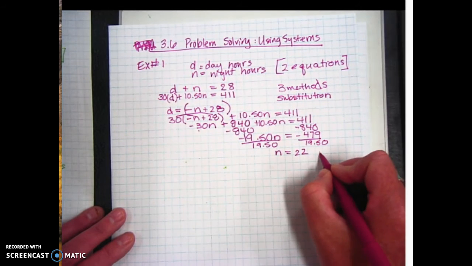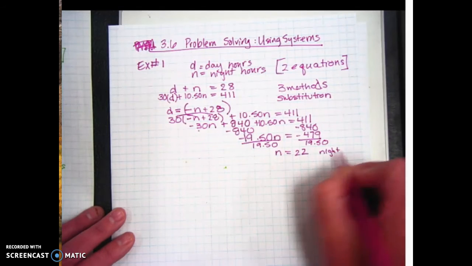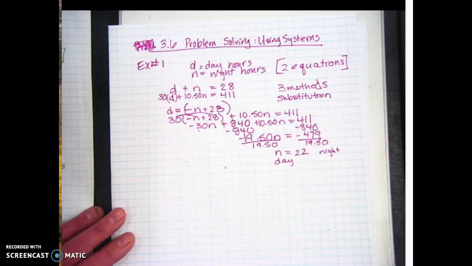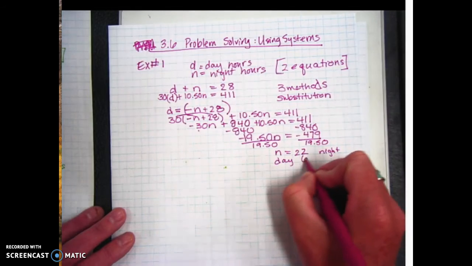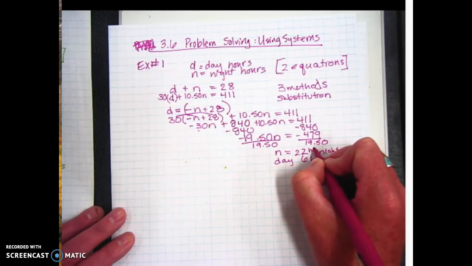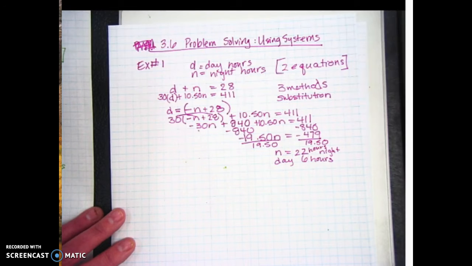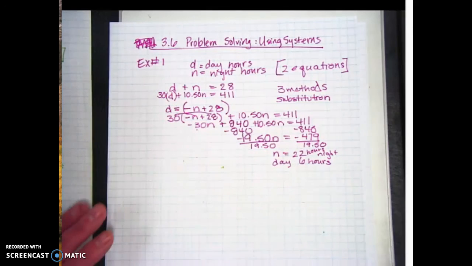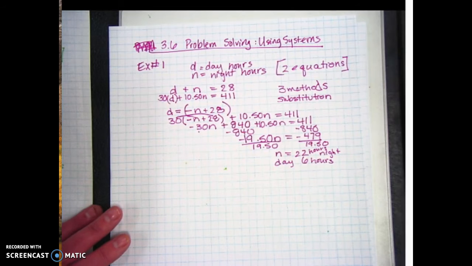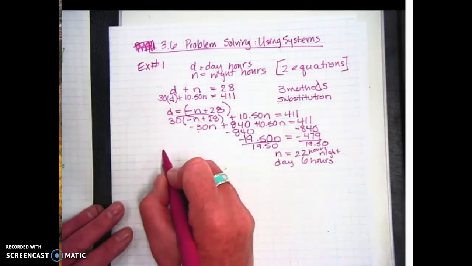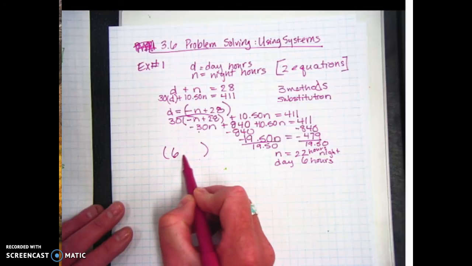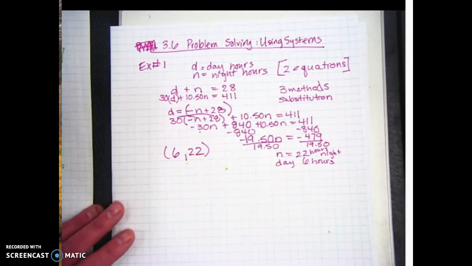That's the night hours. So what's the day hours? 6. 22 hours and 6 hours. Okay. Now, if you were asked to write it as an ordered pair, you'd go alphabetically. You'd say D is 6, N is 22. Okay?